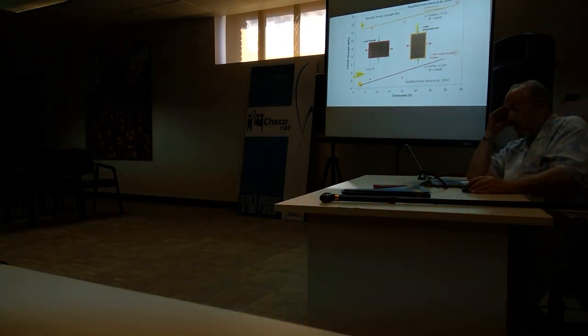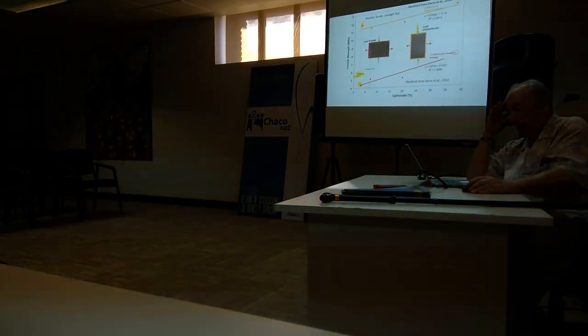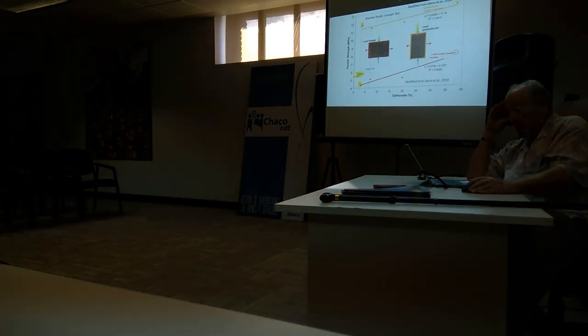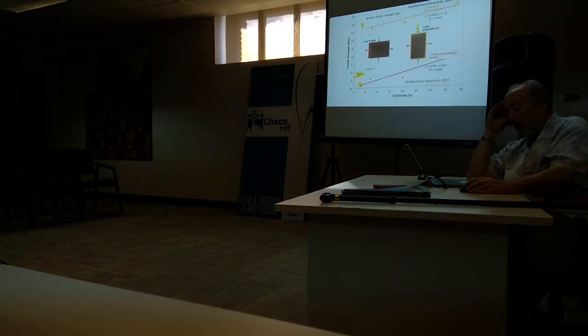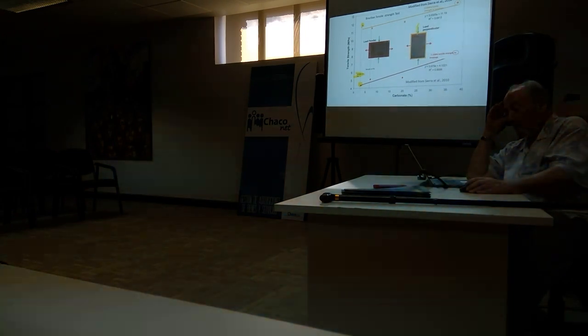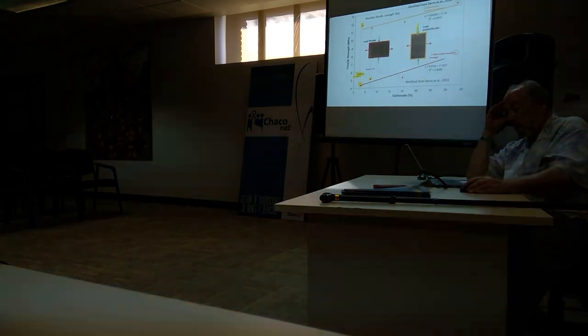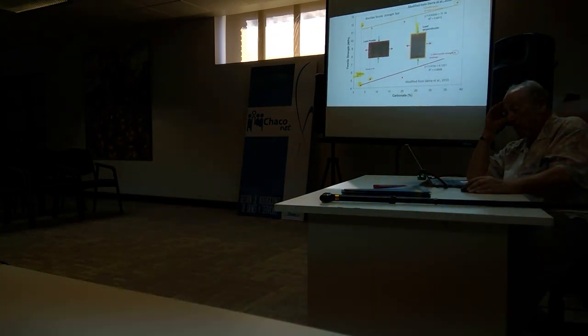So we took another one that had similar layering, but a little more carbonate. Same thing: when the load was applied this way, you got a low tensile strength, and when the load was applied this way, you got a high tensile strength.